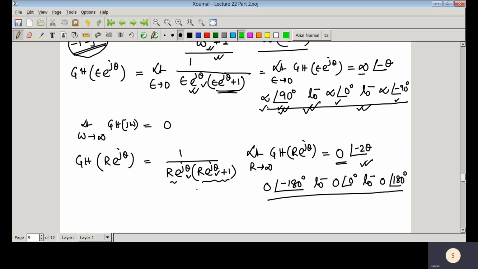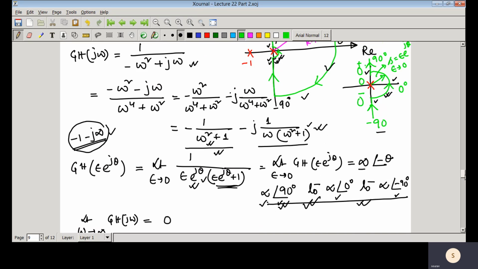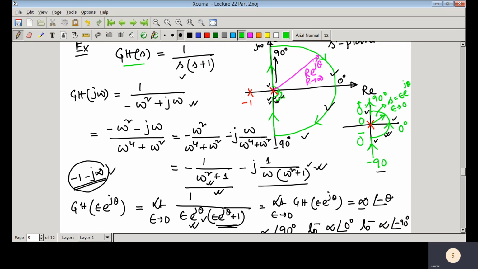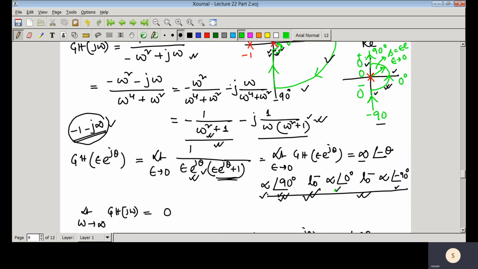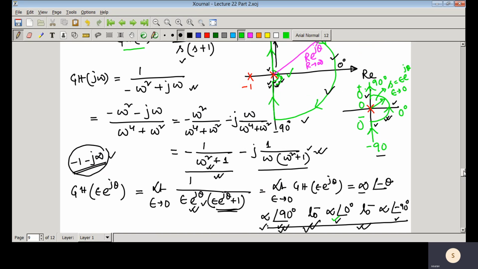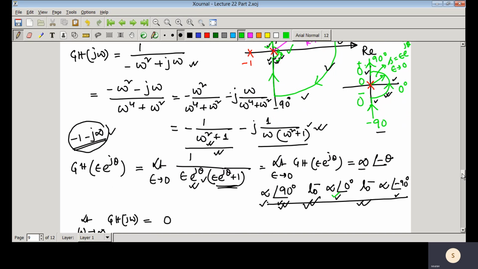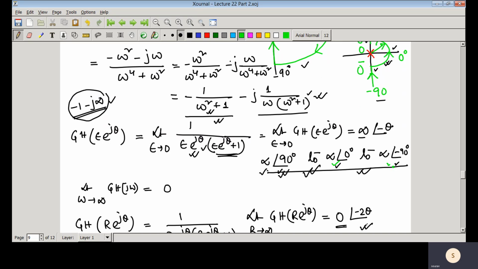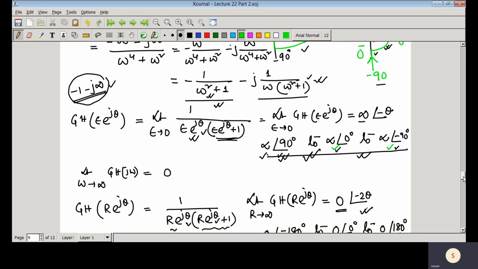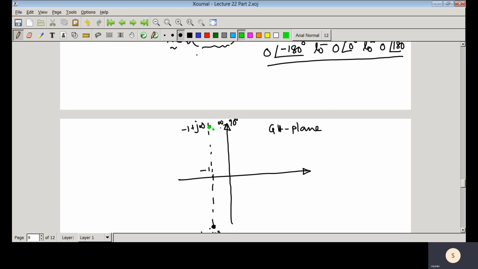Then whenever you are moving like this, moving like that, and whenever you are here on this particular axis, angle 0, your value is coming infinity 0 degree. And then whenever you are at this particular point, this value is coming infinity minus 90 degree. So basically there would be a rotation here at 0.